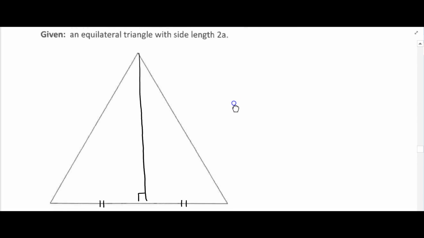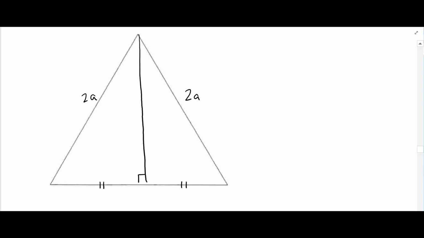In the directions here it says given an equilateral triangle with side length 2a. So this side length is going to be 2a, and this side length is going to be 2a, and this bottom side of the triangle is also going to be 2a, but I'm going to split it up into a part that's a over here and a over here, and then if I added those together I would get 2a.